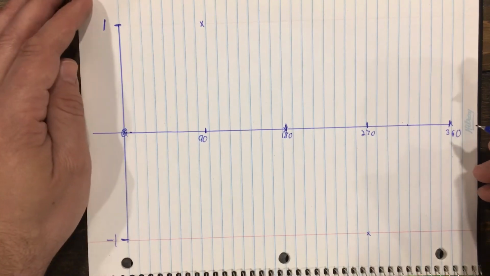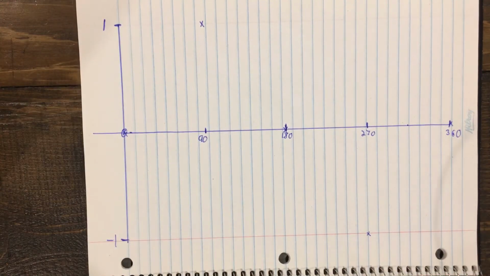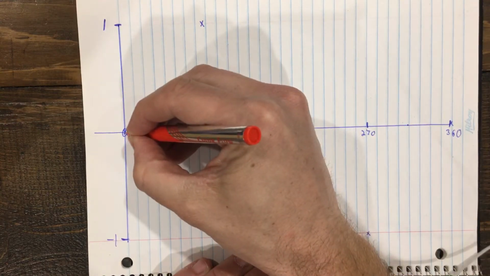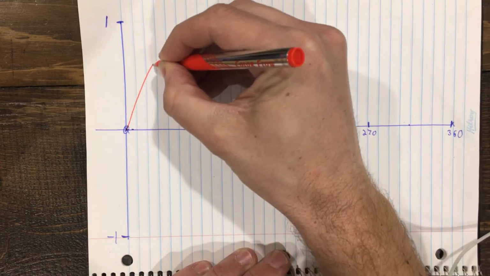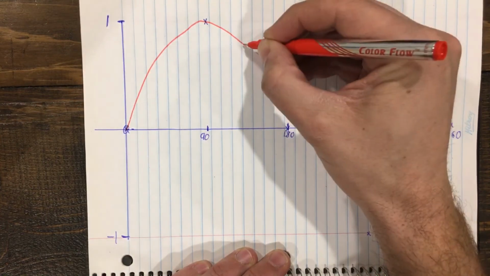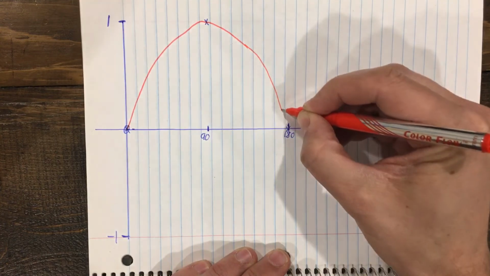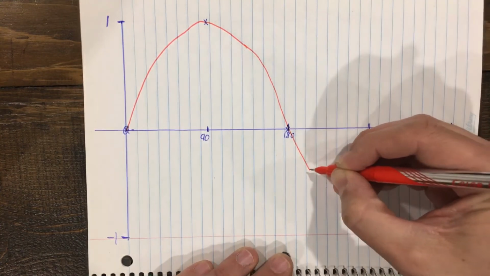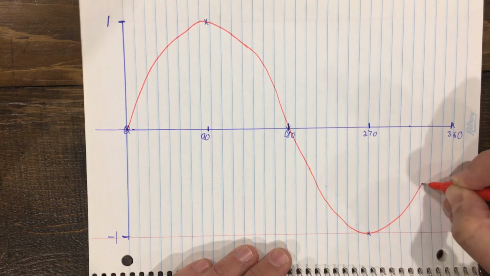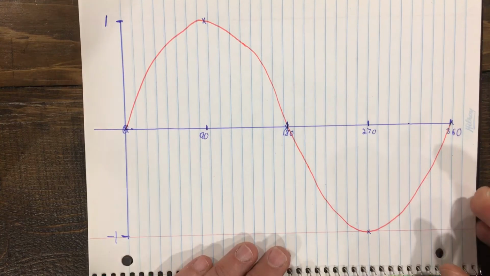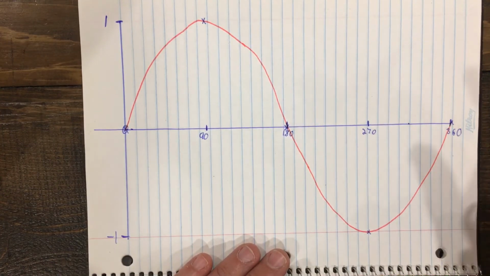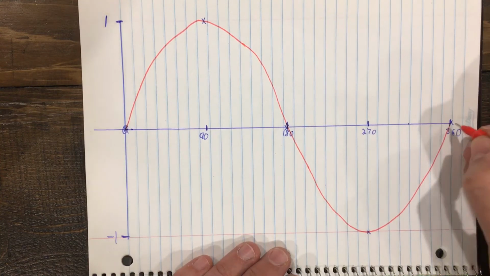So the sine function, if I can draw this correctly, will look something like this. And then if I were to continue this, let's say to 720, it would just continue to repeat itself.